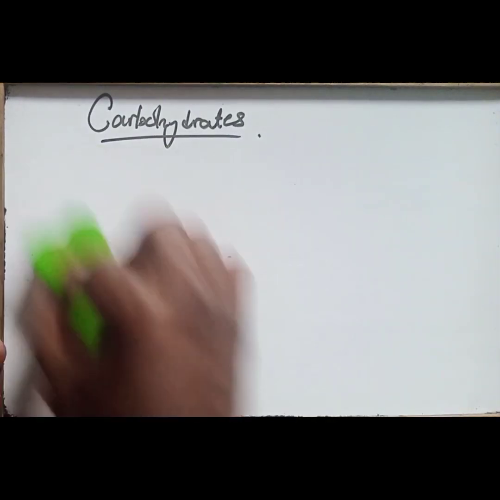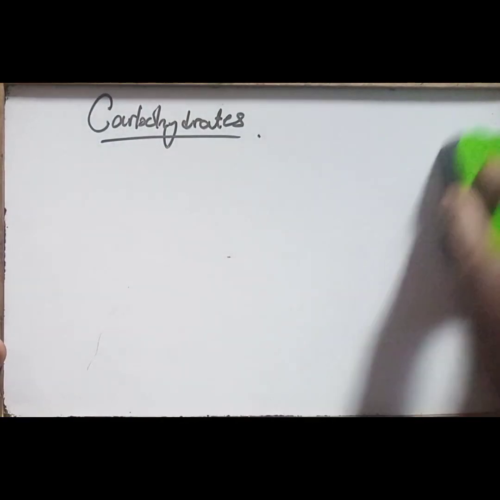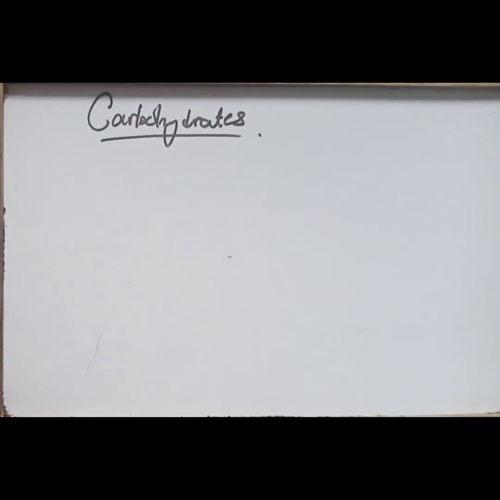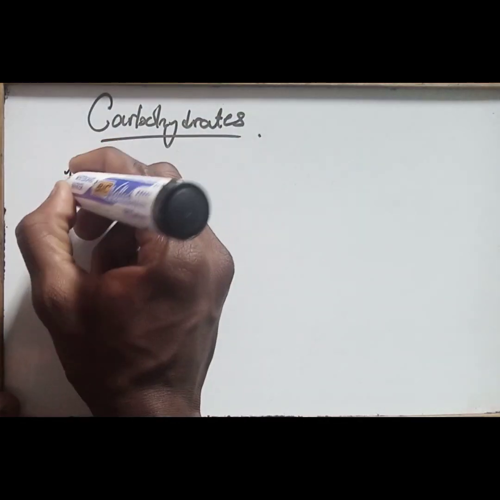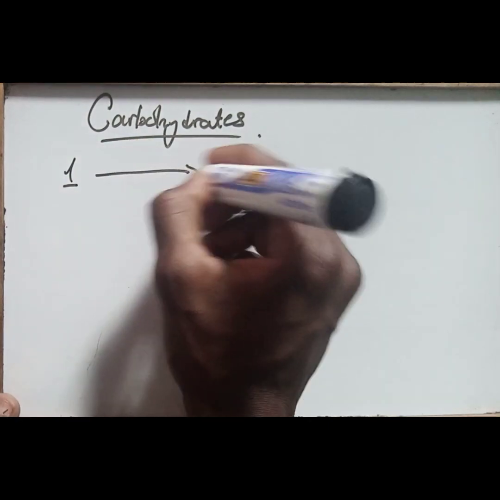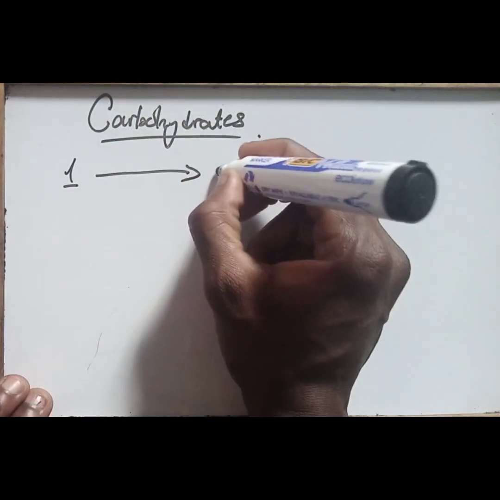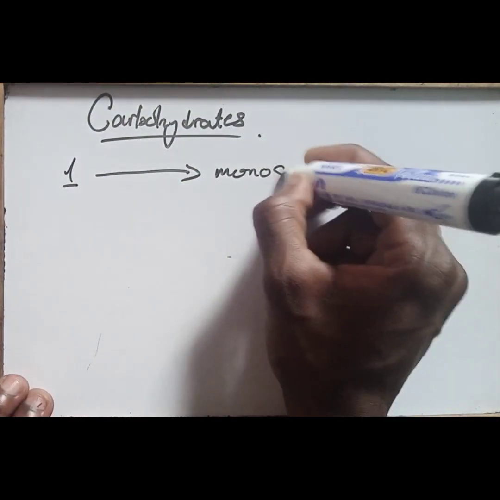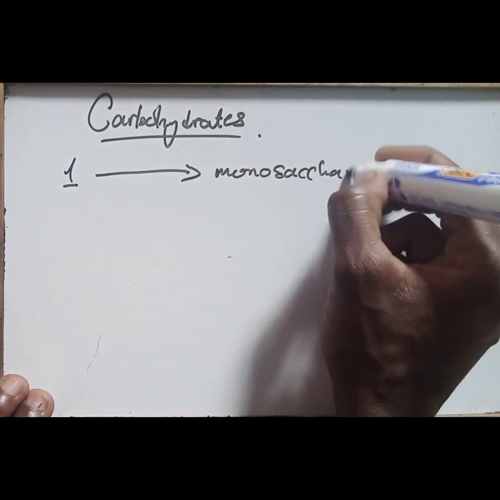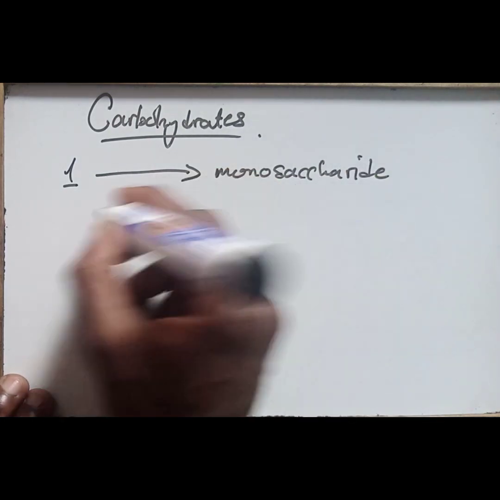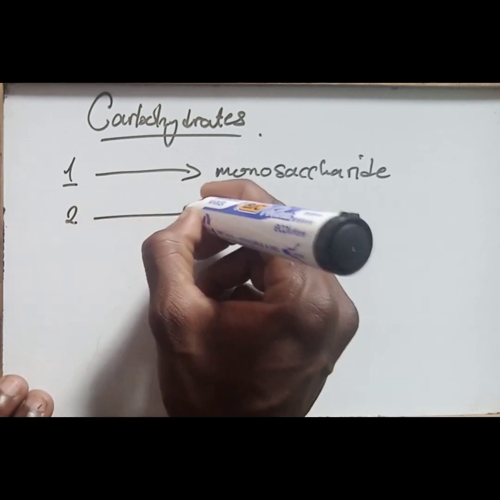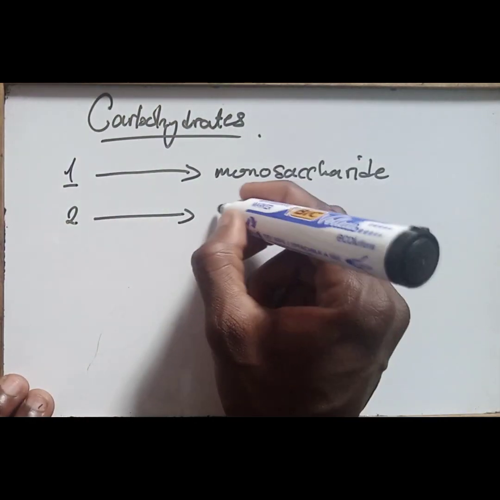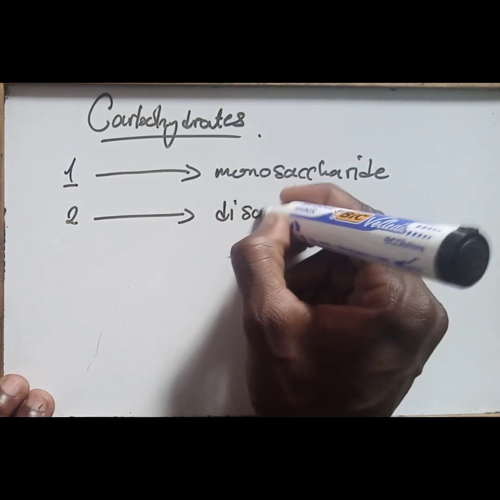Carbohydrates are classified according to the number of saccharide units they have. Carbohydrates having 1 saccharide unit are said to be monosaccharides. Carbohydrates with 2 saccharide units are said to be disaccharides.